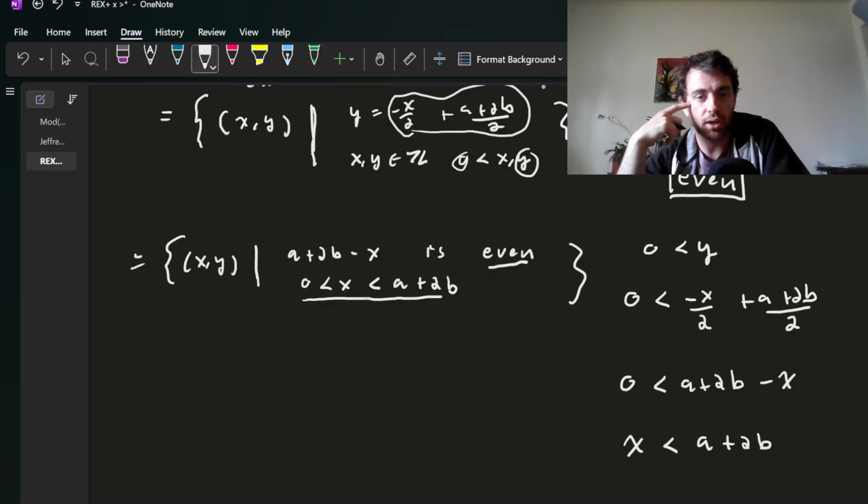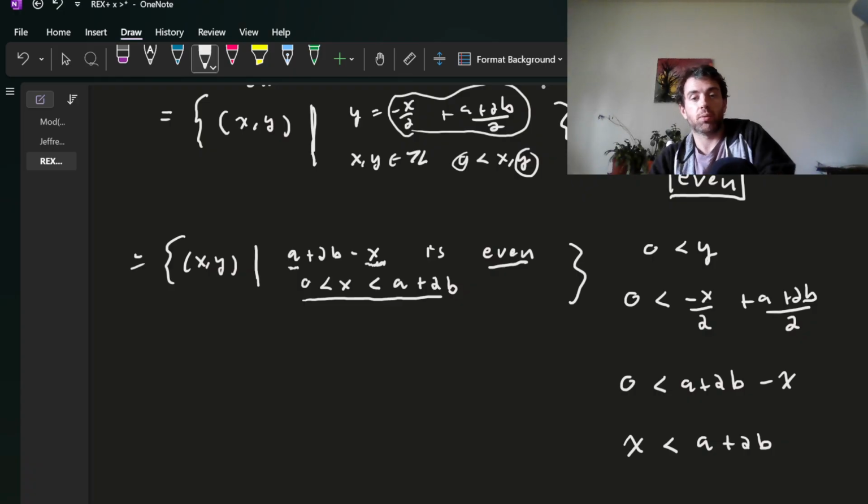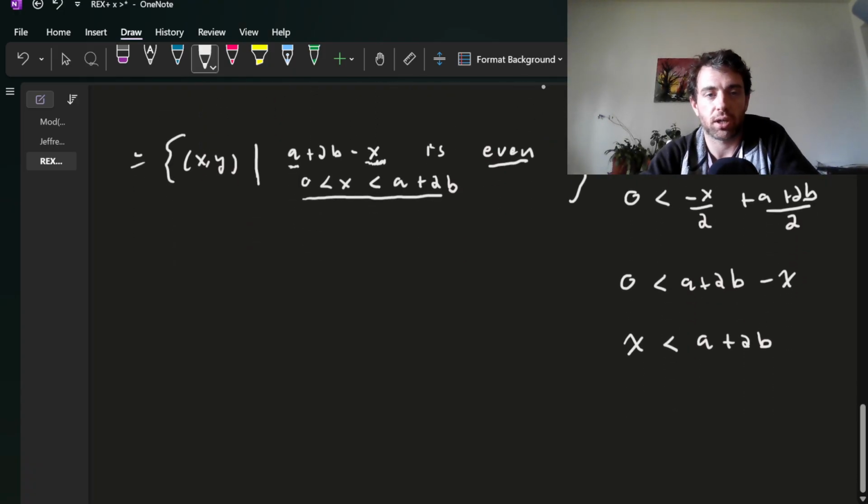So you have to stop and think about it. But in this case, definitely our restriction on x here, it's going to matter whether or not a or b is odd or even. So that's what's determining really in this case that we want to break into separate cases.